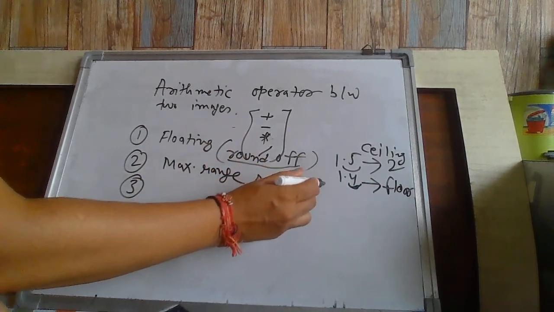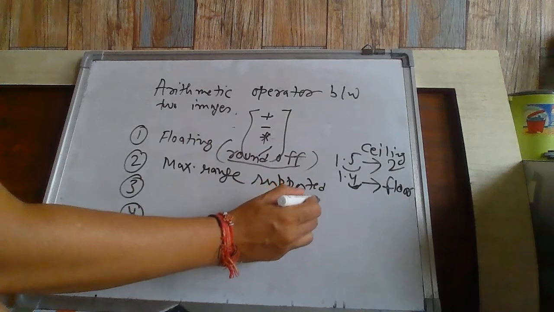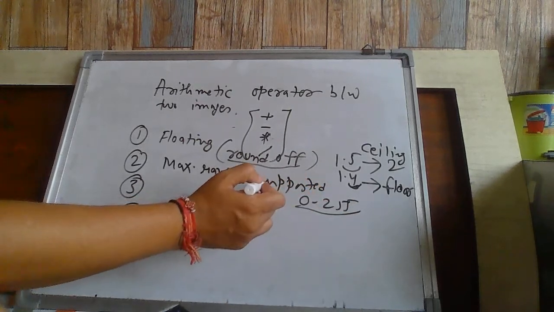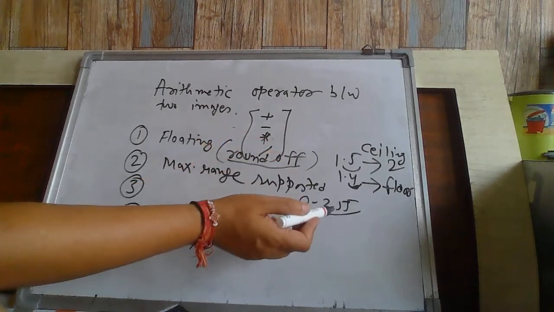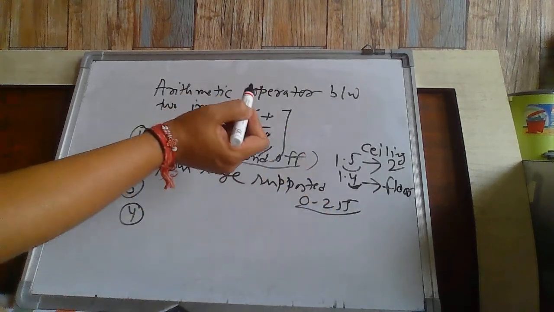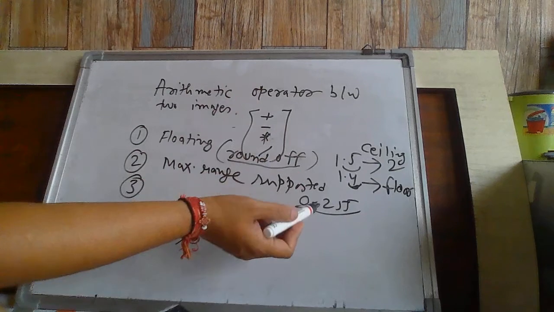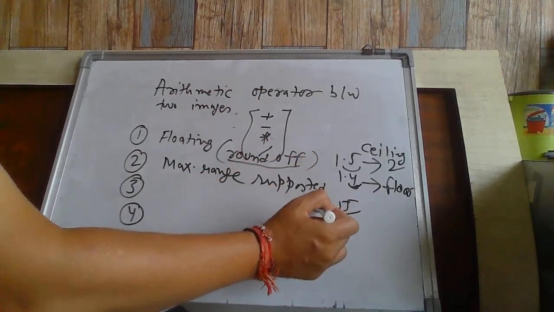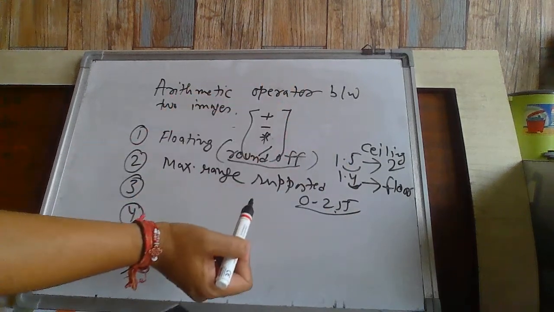Let's say I am taking an 8-bit image and the range is 0 to 255. After multiplication you got a value greater than 255. Rather than writing that value, you should write the highest value of that range, so you will write 255.